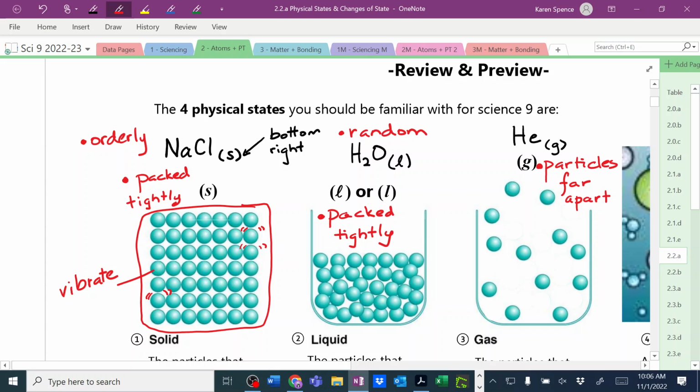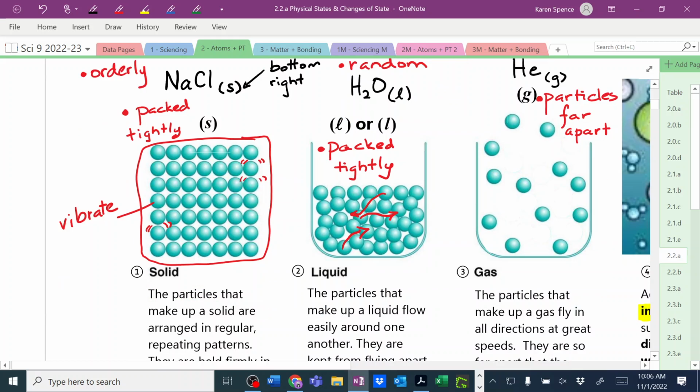How about in a liquid? Yeah, in the liquid, the particles actually move around. And then gases.